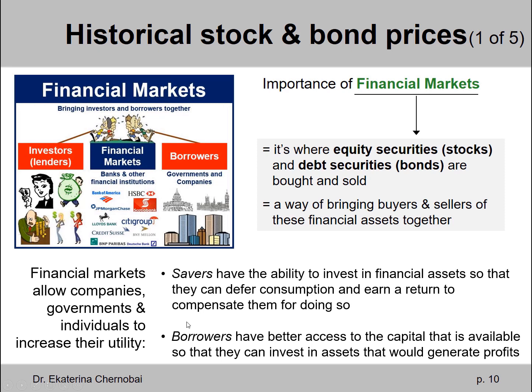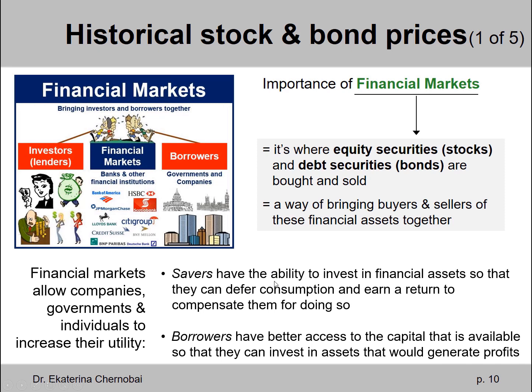So we have savers and borrowers. Savers are those who have extra money. Borrowers are those who need money. Savers are, for example, people like us who have extra cash and are willing to invest it into bonds and stocks. So savers use the financial markets to invest in financial assets, stocks and bonds, so that they can defer consumption, because they have extra money now that they don't really need.